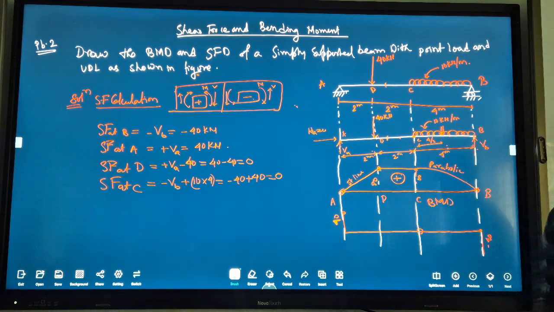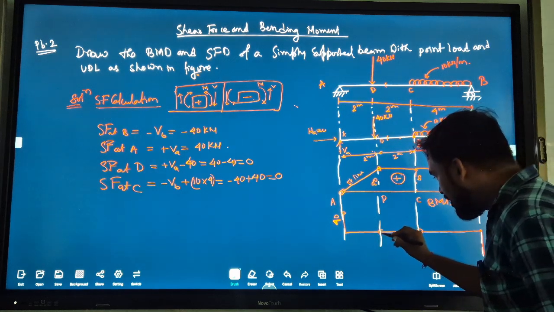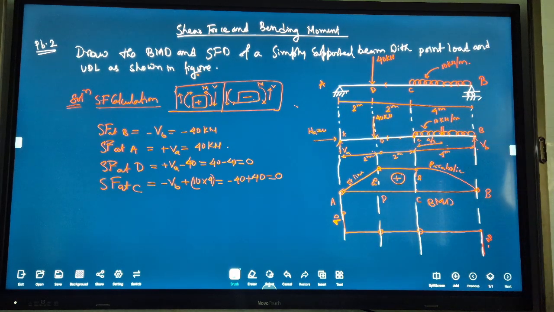Just like this. At D, 0. Now how will you join? How to join B and C? Anyone? Triangle, because UDL basically gives what? Triangle shear force. Let's join like this.